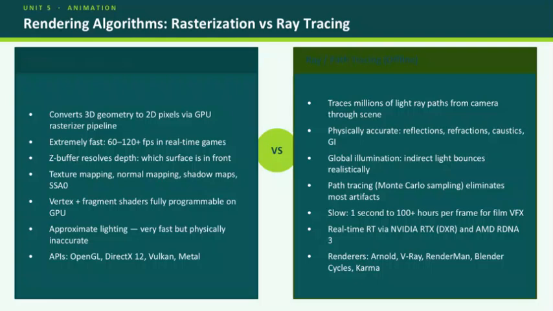Ray tracing, on the other hand, simulates the physical behavior of light by tracing rays as they interact with objects, producing highly realistic effects such as reflections, shadows, and refractions, but at a much higher computational cost. While rasterization prioritizes speed and efficiency, ray tracing focuses on visual realism, and modern graphics systems often combine both to balance performance and quality.